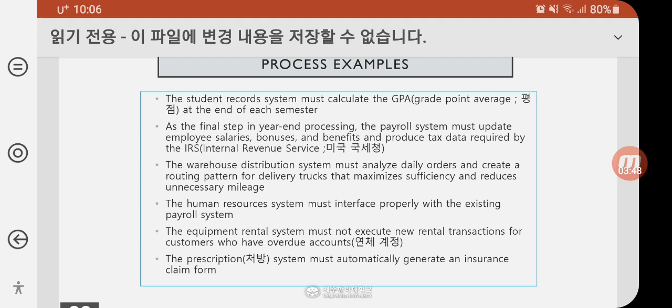The human resource system must interface properly with the existing payroll system. The equipment rental system must not execute new rental transactions for customers who have overdue accounts. The prescription system must automatically generate an insurance claim form.